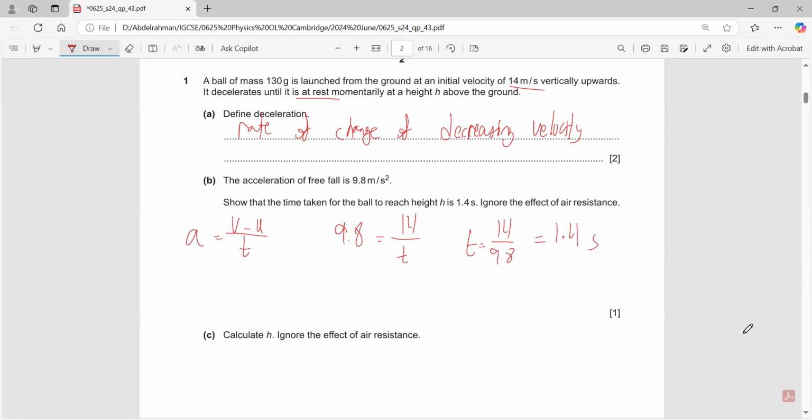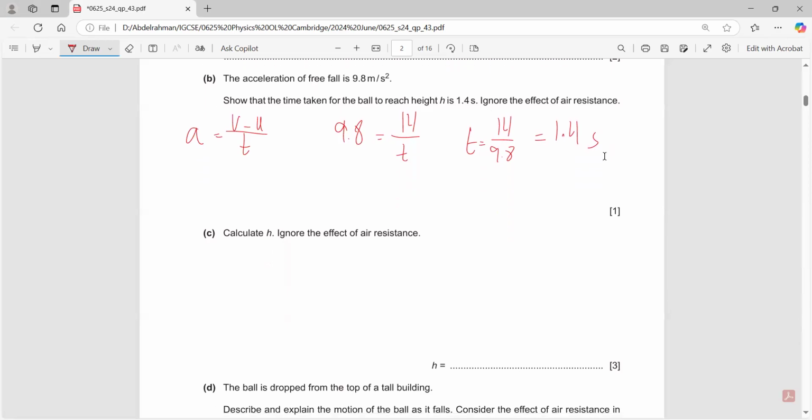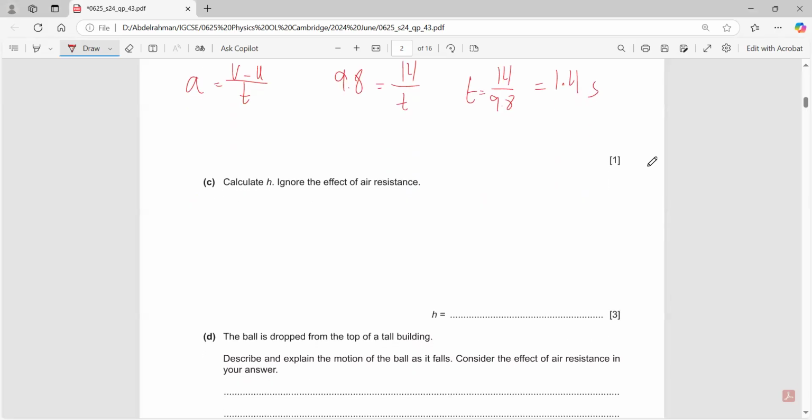Can I find h? Ignore the effect of air resistance. Yes, and I do not need the mass. Why? Because kinetic energy would be equal to gravitational potential energy. Half mv squared is equal to mgh.